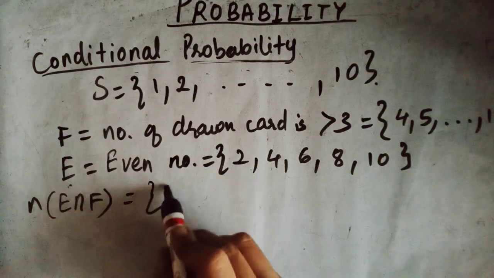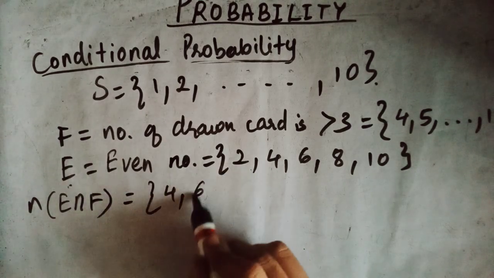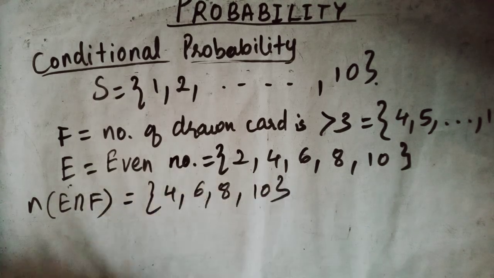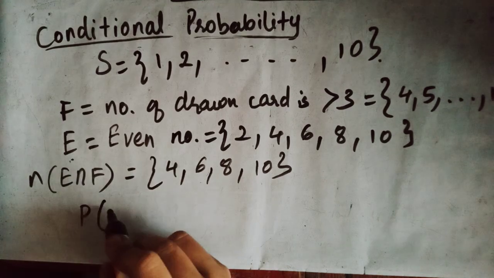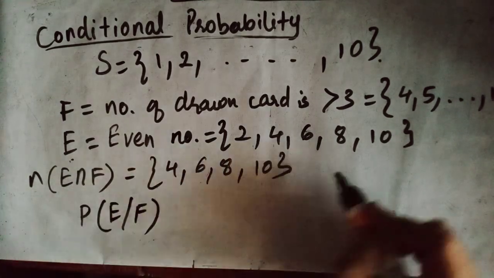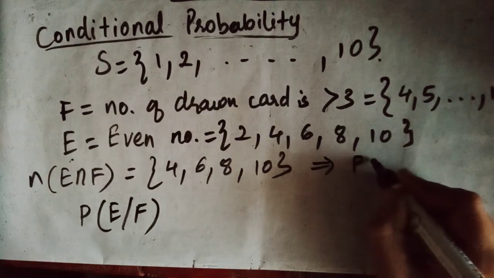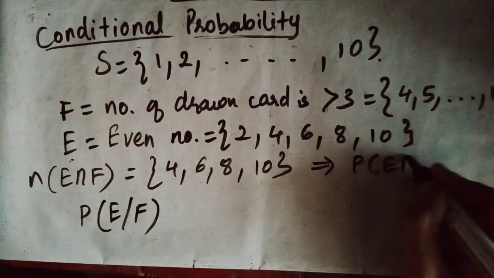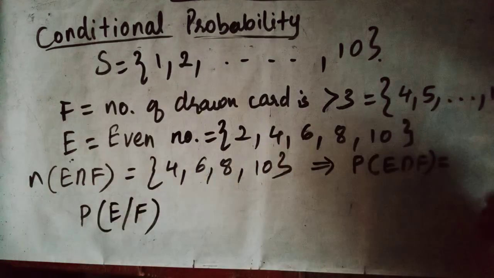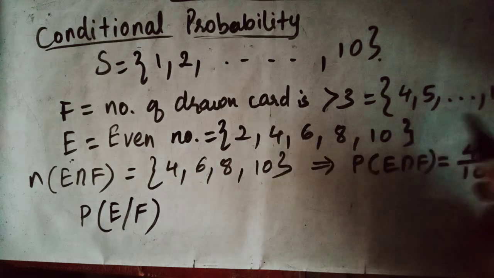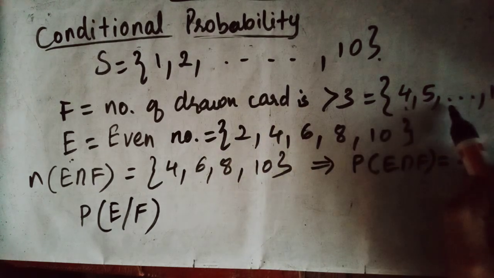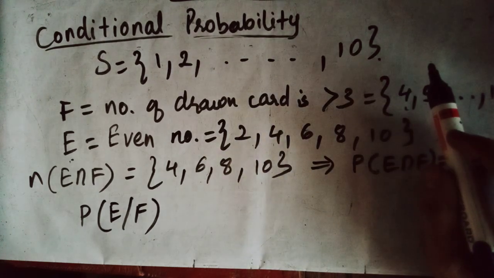So this will be 4, 6, 8, 10. Okay, so probability of E over F. The probability of E intersection F will be 4 upon 10, right? And of F, they have taken 4 to 10, so 4, 5, from 1 they have started.